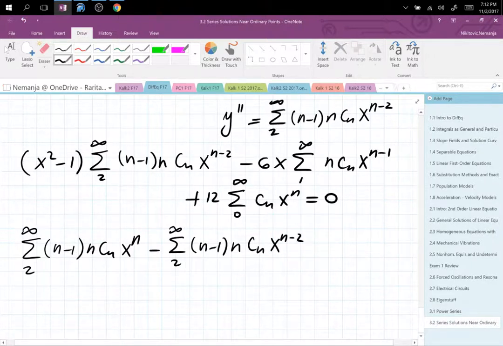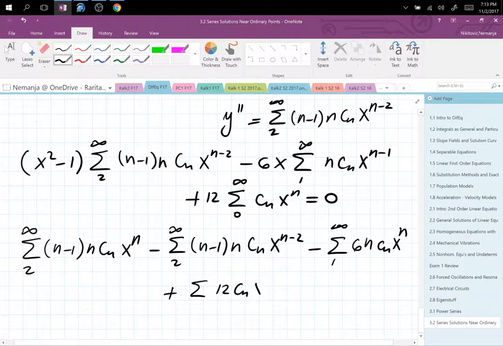Such is life. And then when x goes inside, this becomes minus the series 6 n cn x to the n, from 1 to infinity, and then plus, kick 12 inside, 12 cn x to the n equal to 0.